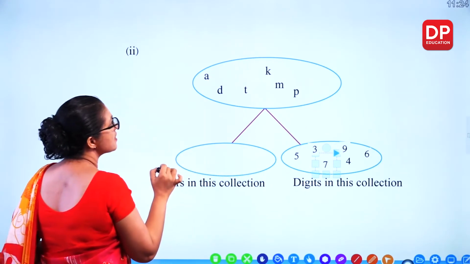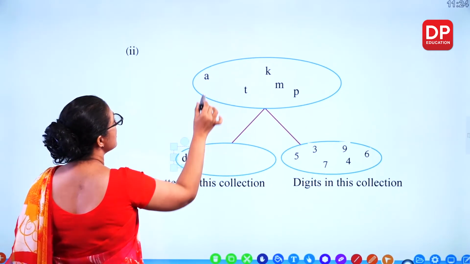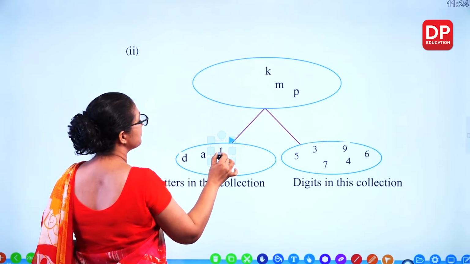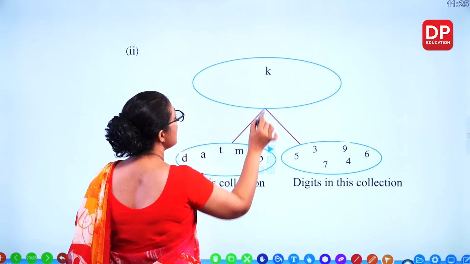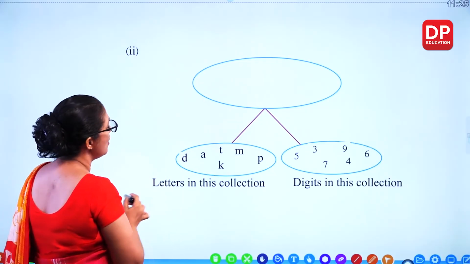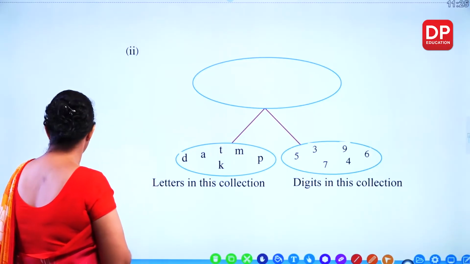These are digits. Letters D, A, T, M, P, K. Those are letters. So here we can group them, letters and digits.